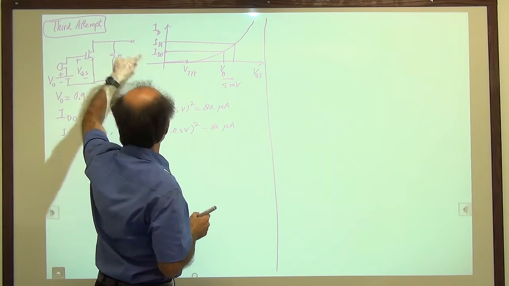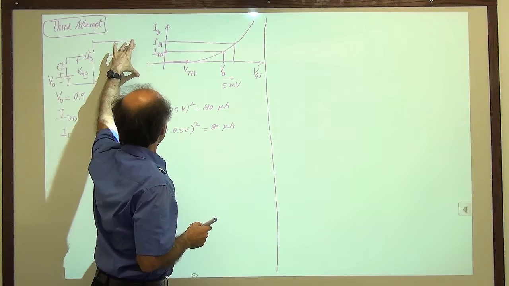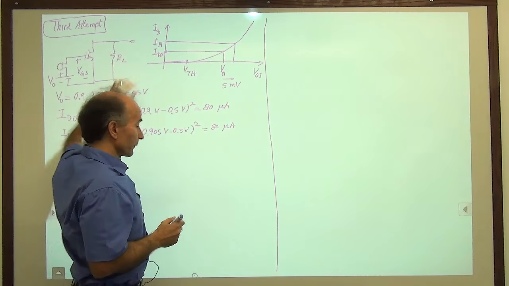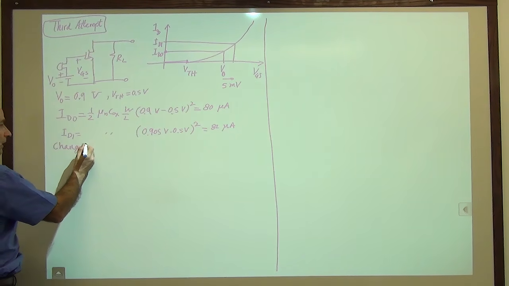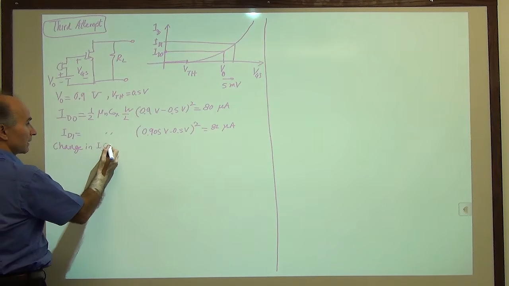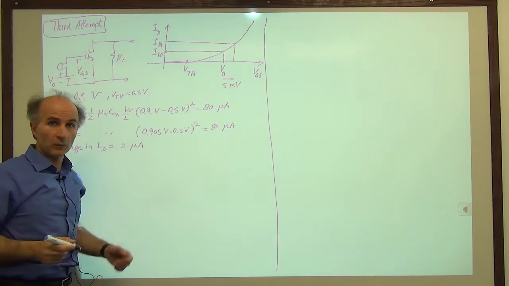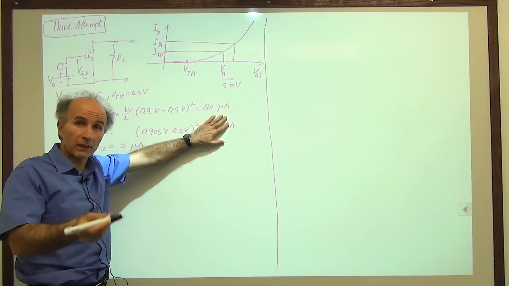So what kind of resistor value should I choose here so that I get a swing of 50 millivolts at the output, like before? All right, so we say change in ID is equal to 2 microamps. You realize why we look at the change, because this 80 microamps was with no signal.